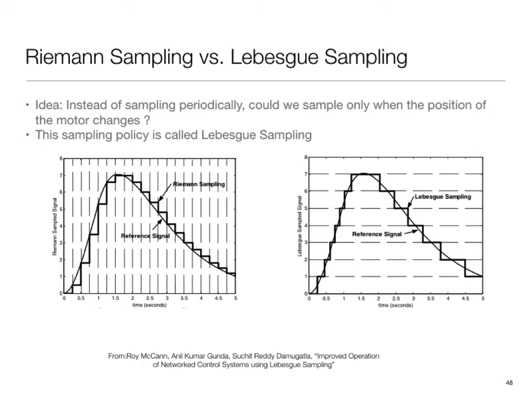But on the other hand, that intuition that I was suggesting earlier is that when signals are changing more rapidly, perhaps I want to sample more frequently, and when the signals are more stable, then I can afford to sample less. So if I know that the motor is in a stable mode, I can pay less attention to it, right? Sample less, update less frequently. So this is called Lebesgue sampling, okay?